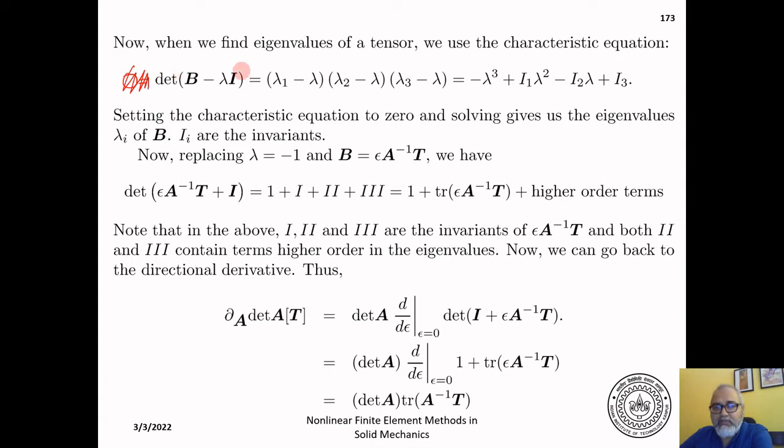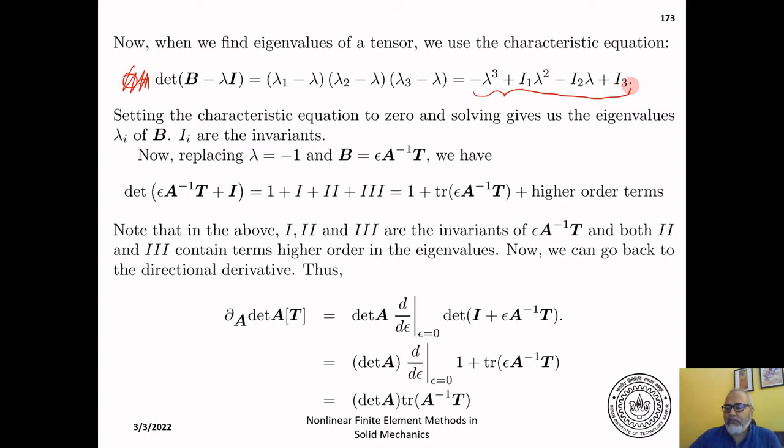So we know that determinant of B minus lambda I is this, where I1, I2, I3 are the invariants of B. So these are the first, second, and third invariants of B. And from whatever you know about eigenvalues and eigenvectors, you know that I1 is trace of B, I2 is half of trace of B whole squared minus trace of B squared, and I3 is determinant of B. So if you set this equal to 0, solving this cubic equation will give you the three eigenvalues, but we are not doing that.